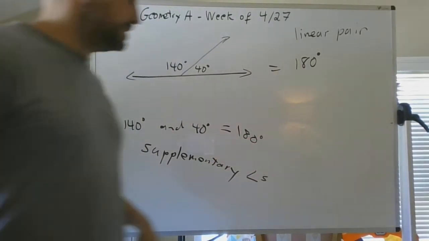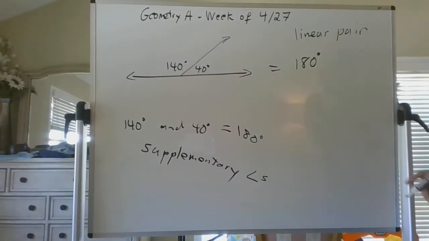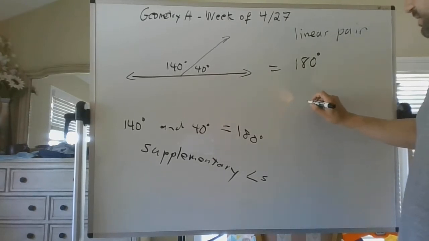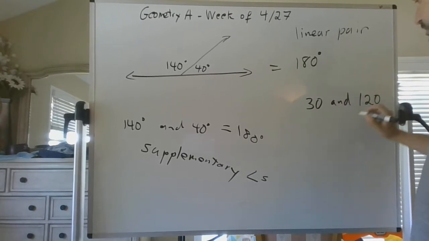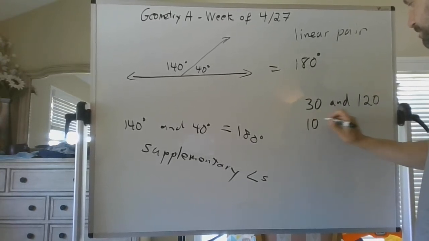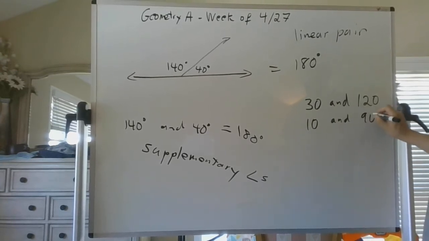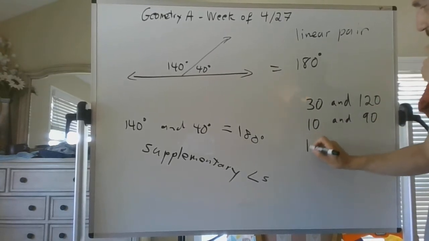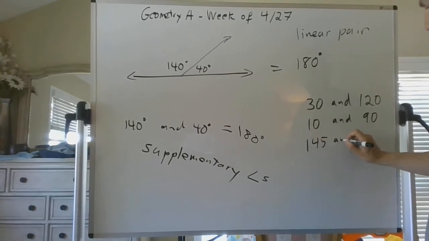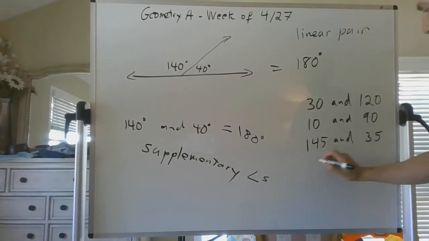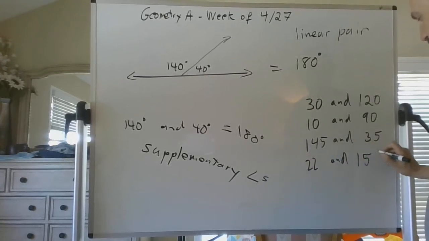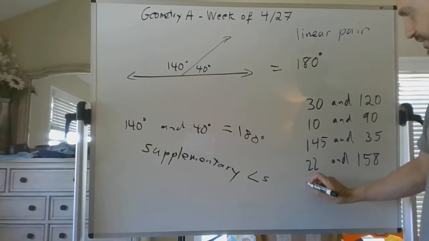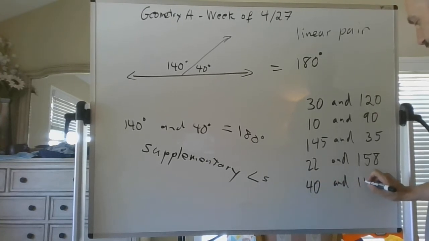Simple as that. So I'm going to give you a few examples. Okay. So let's do these. I'm just going to write a few over here. 30 and 120, 10 and 90, 145 and 35, 22 and 158, and then lastly, 40 and 150.